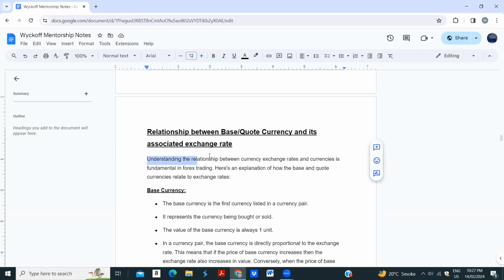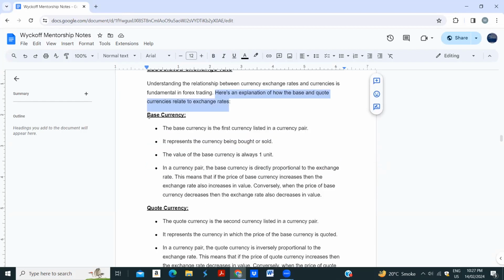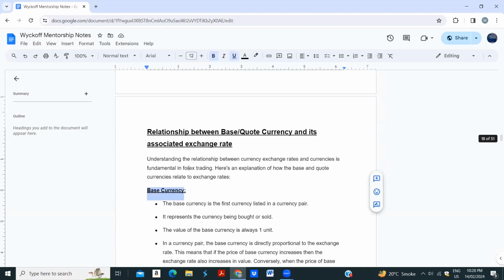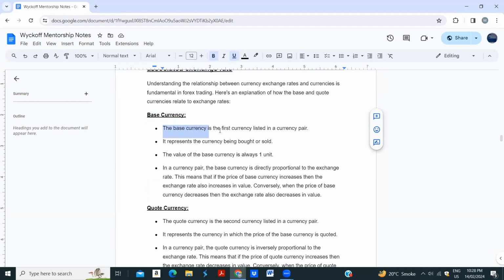So understanding the relationship between currency exchange rates and currency is fundamental in forex trading. Here is an explanation of how the base and quote currencies relate to exchange rates. So the base currency is the first currency listed in a currency pair.